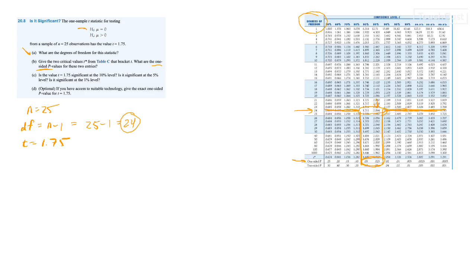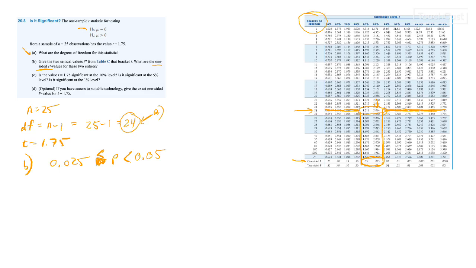So what that tells me, and this is part B, is that p is greater than 0.025, sorry, I wrote this incorrectly, but it's less than 0.05. So it's somewhere in between those two numbers. Okay, so this is part B.